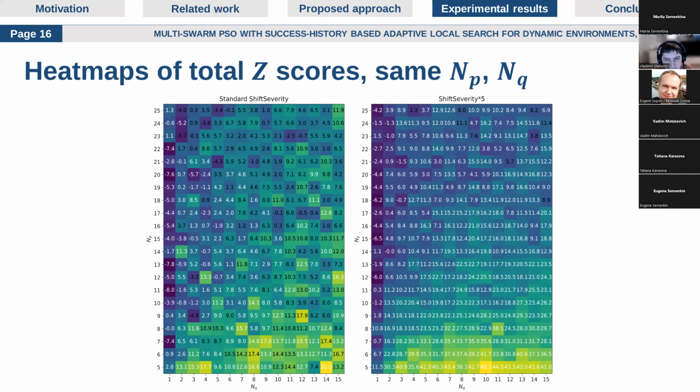And if we further increase the shift severity, which actually makes the optimization problem much harder, the effect of the modification is much bigger. So we get improvements for many test scenarios compared to the standard case with standard shift severity.